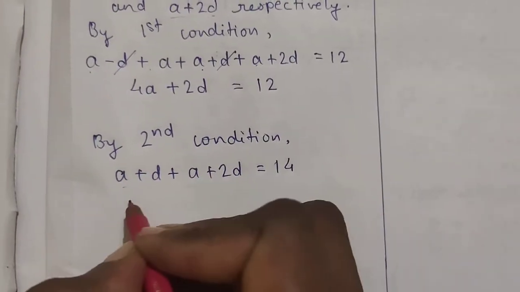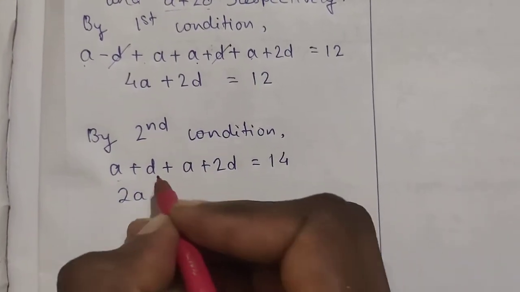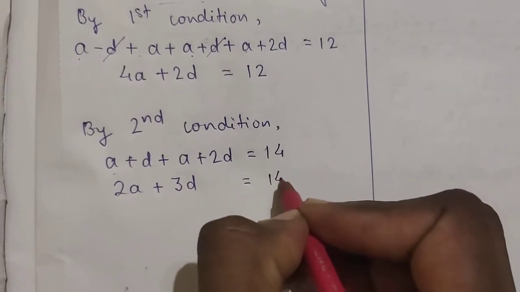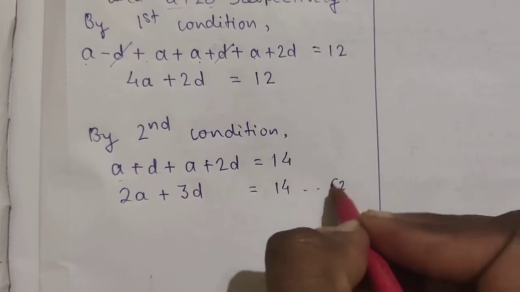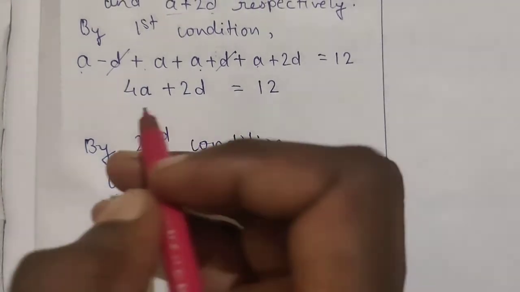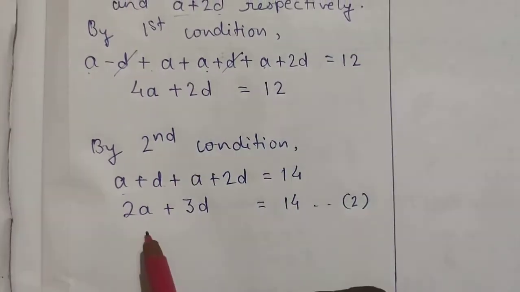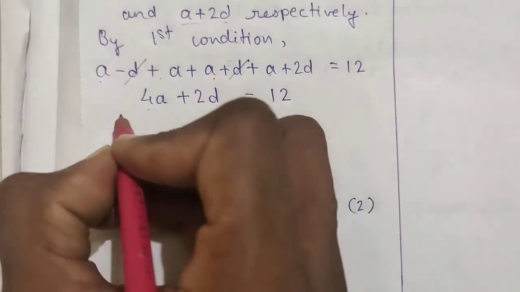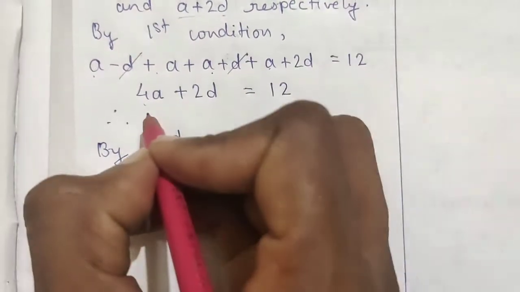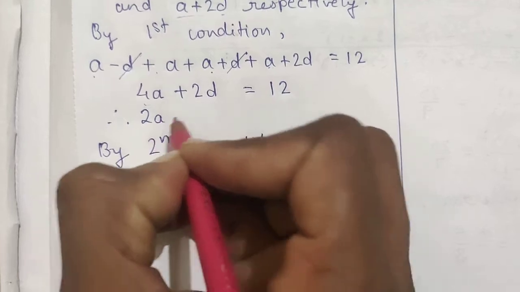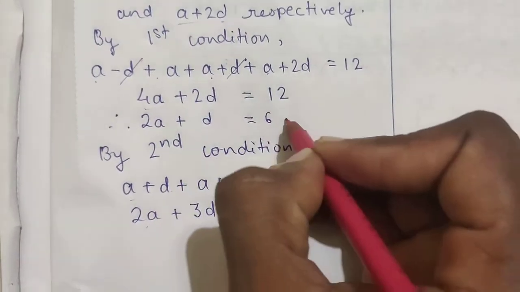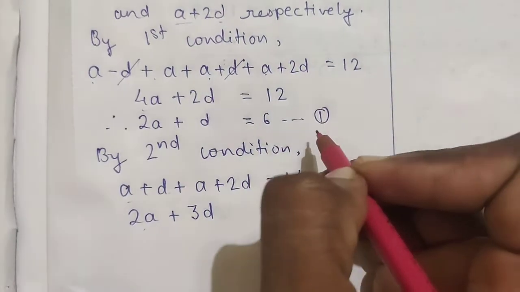This is A plus A, 2A, and D plus 2D becomes 3D is equal to 14. This is our equation number 2. And see, in the first equation we are going to divide this equation by 2. So if you divide this equation by 2, this becomes 2A, this is D, and this is 6. Now we are going to call it 1.